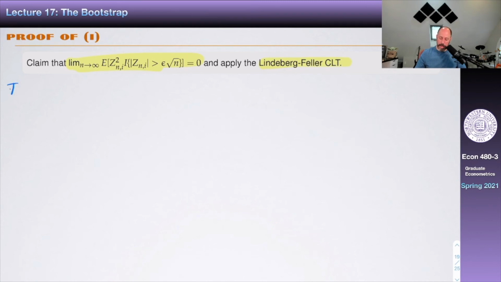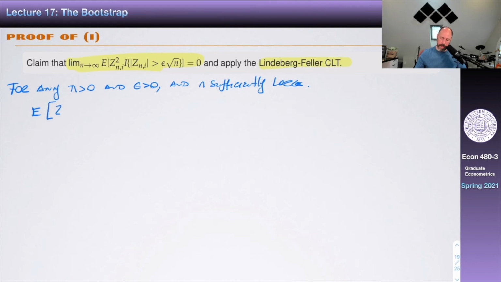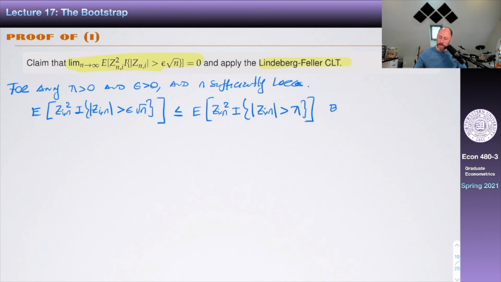And we're going to say for any lambda positive and epsilon positive and n sufficiently large, notice that we have the expected value of z_in squared times the indicator that z_in is greater than epsilon square root n is less than or equal to the expected value of z_in squared times the indicator that z_in is greater than lambda, because epsilon square root n is greater than lambda for n sufficiently large.